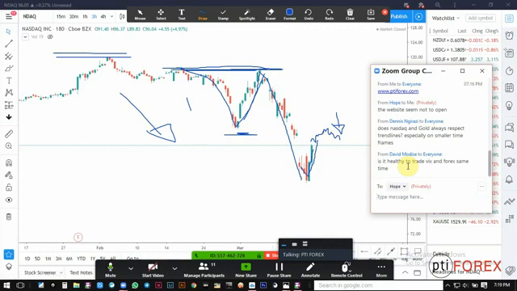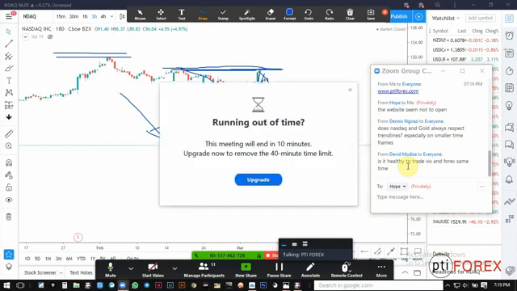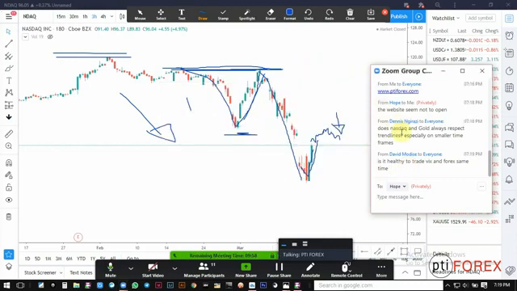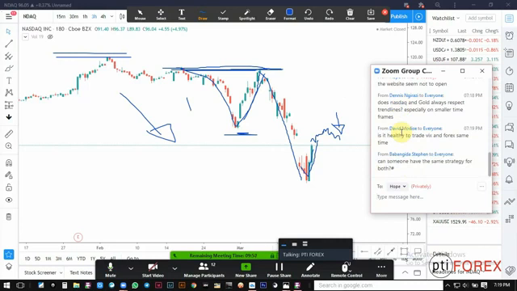Is it okay to trade VIX and Forex at the same time? Yes, I do it, but the sad news is that I no longer want to give signals, as I've said, concerning VIX. The only thing I'll be providing for volatility index is a lesson on my platform or website.